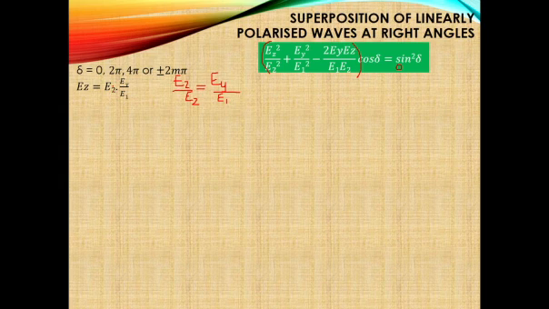So here you can see that Ez is just E2 times Ey by E1. And you have E2 and E1 as the amplitudes, those are the constants. So constant times a varying thing. So this is of the form of the equation of a line, that is y equals mx, where m is the constant and x is the varying thing.